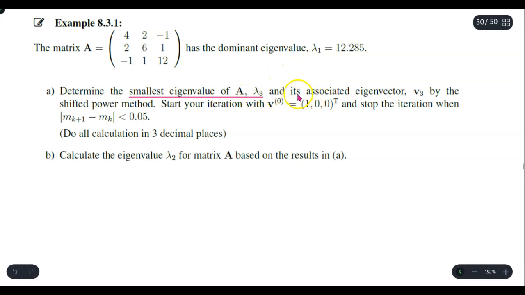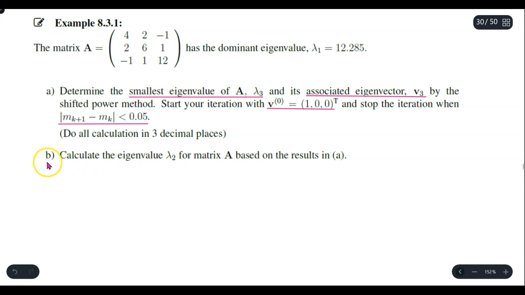We also need to get the associated eigenvector V3 by the shifted power method. Given to us, V naught is 1 0 0, and we stop the iteration when we satisfy this stopping condition. Do all calculations in 3 decimal places.